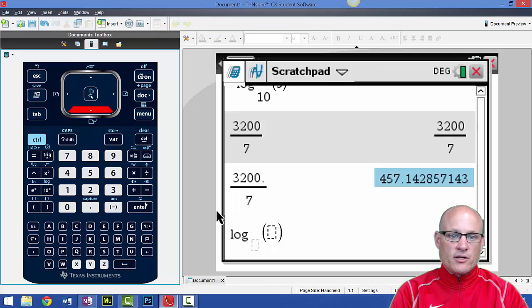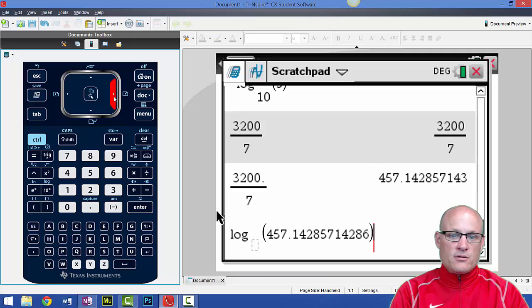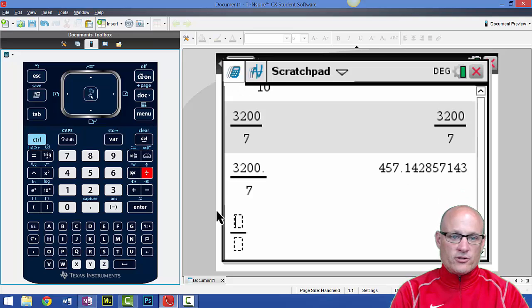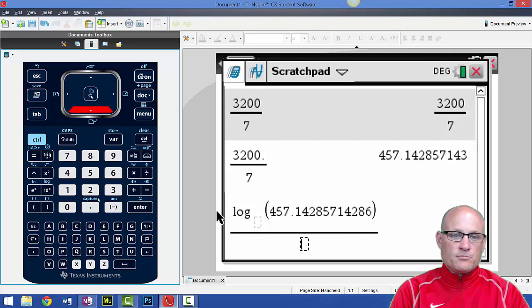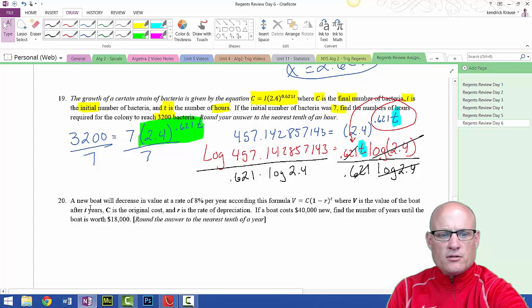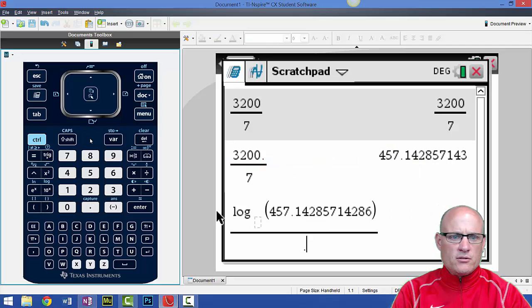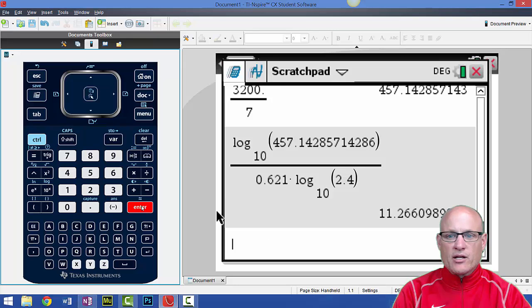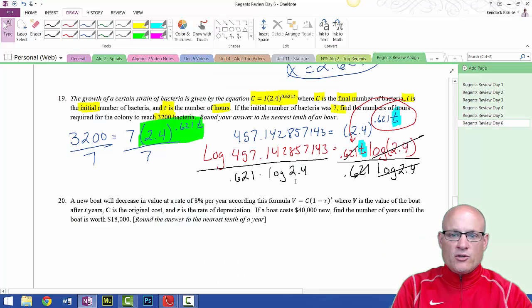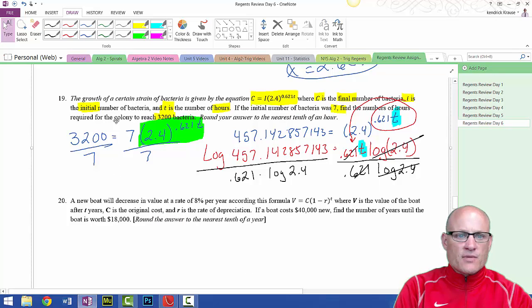Control division, log of this divided by 0.621 times the log of 2.4. And I hit enter and I get 11.266.